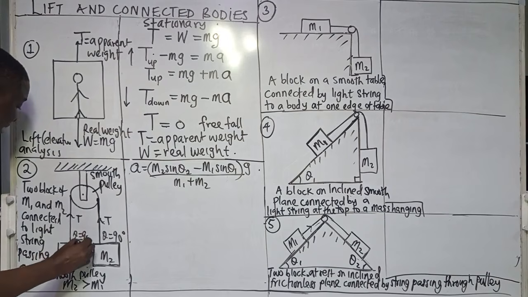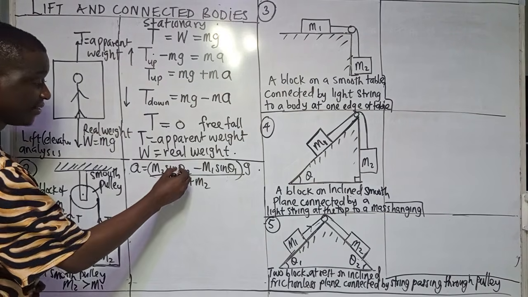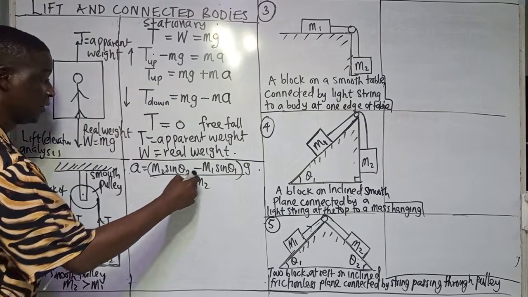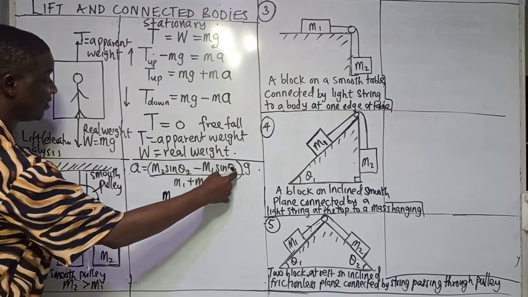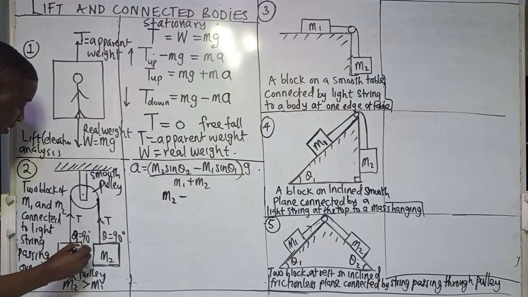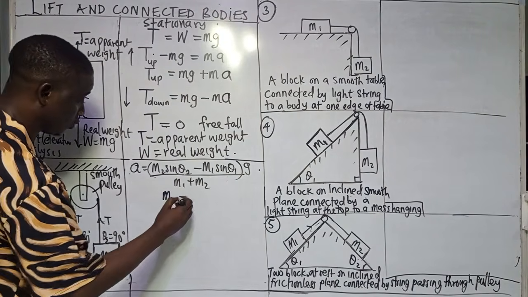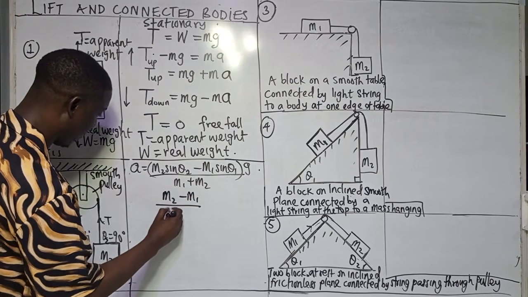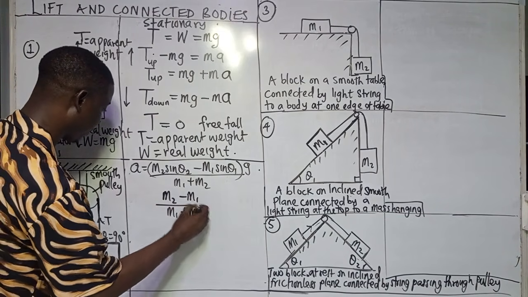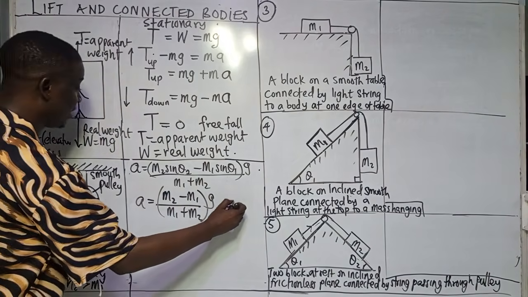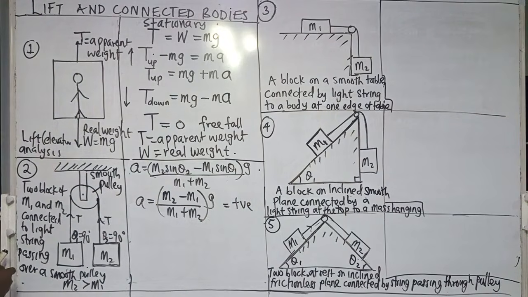If you put 90 here, sine 90 for theta 2 is 1, so M2. This is theta 1, this is theta 2. Sine 90 is also 1, which is M1. All divided by M1 plus M2 times G. This is the common acceleration, and it's always positive. Please take note of that.